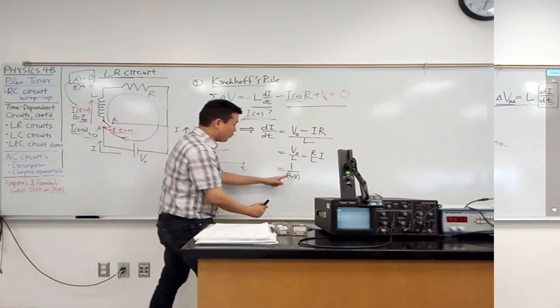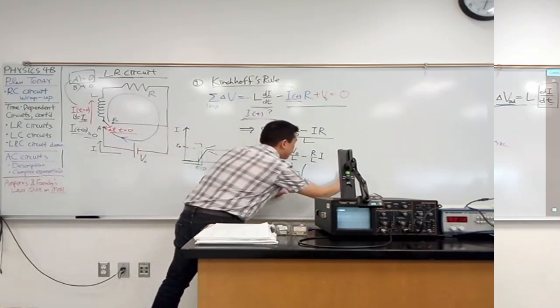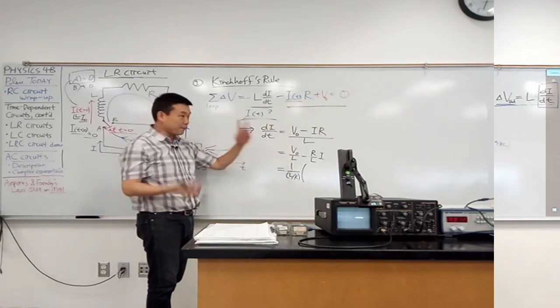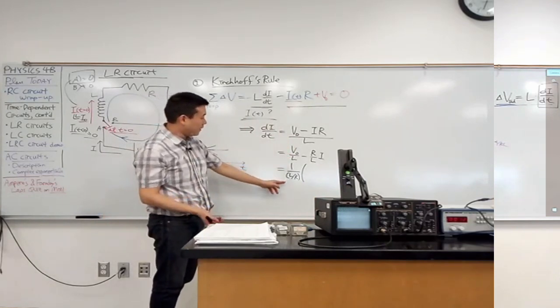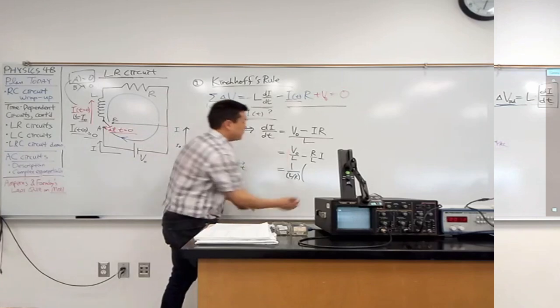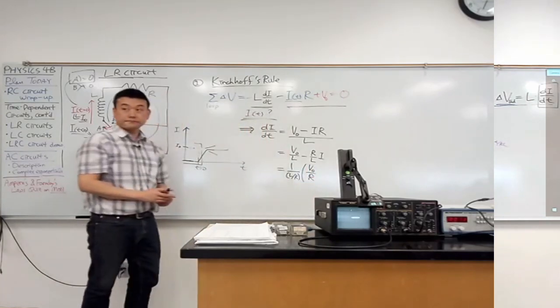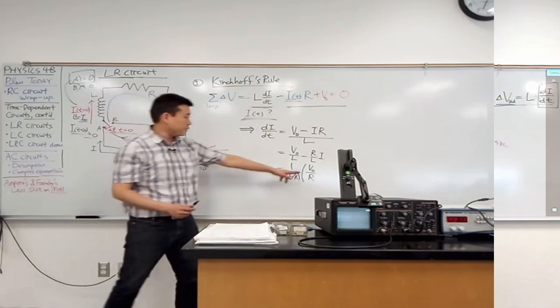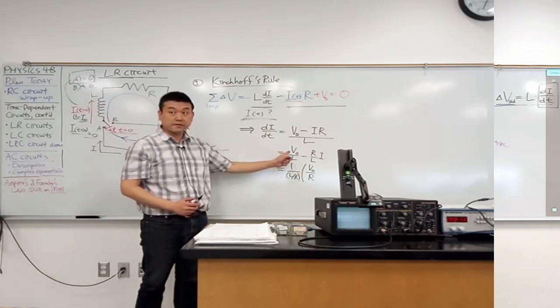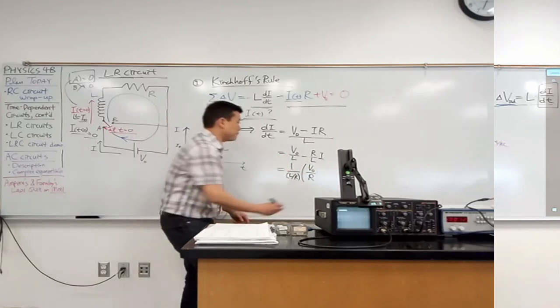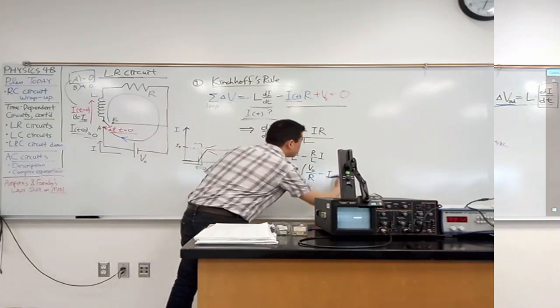This may sound strange because the first term doesn't have any R. But this is what I mean by factoring out R over L. This term is going to turn into V naught over R. You see how this is the factored version of this, right? Multiply this out and you get V naught over L, minus just I.